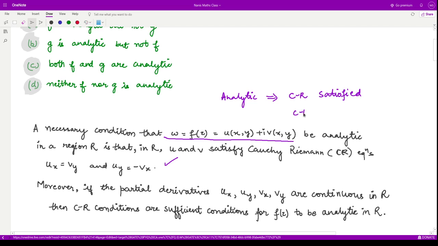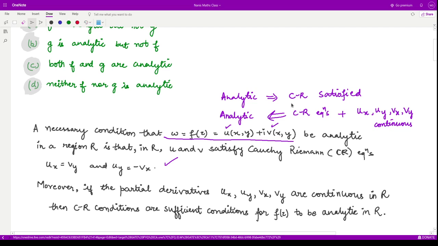Conversely, if the Cauchy-Riemann equations are satisfied, plus the partial derivatives of the functions u and v, that is u with respect to x, u with respect to y, v with respect to x and v with respect to y, are continuous functions, then we can conclude that the corresponding function is an analytic function.